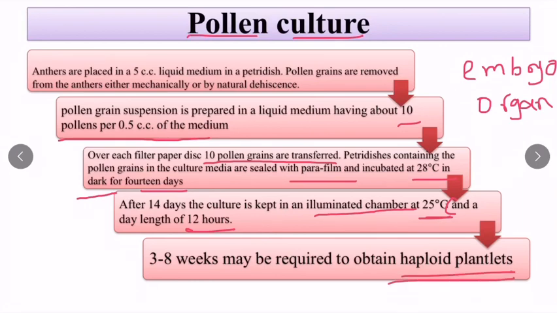Haploid plants are those plants which possess a single set of chromosomes. These are converted into double haploid plants by using colchicine treatment.